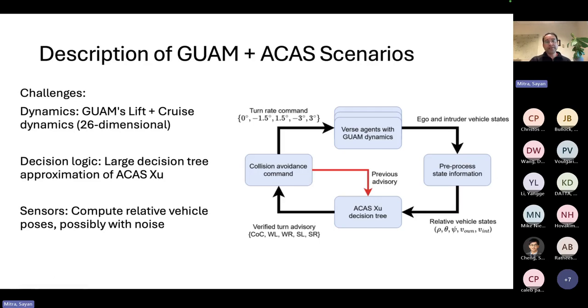For example, the COC advisory says that the aircraft are clear of collision, so no corrective action is needed. And similarly, WL, WR are advising the Ego aircraft to make a weak left turn or a weak right turn because there is a potential for loss of separation. And similarly, there is strong left, strong right. So those are the 5 advisories that can come out of the protocol.